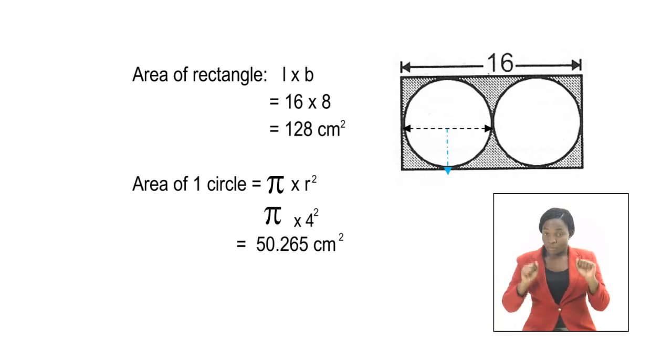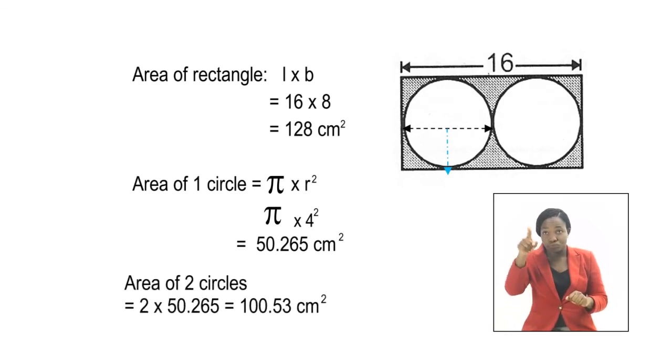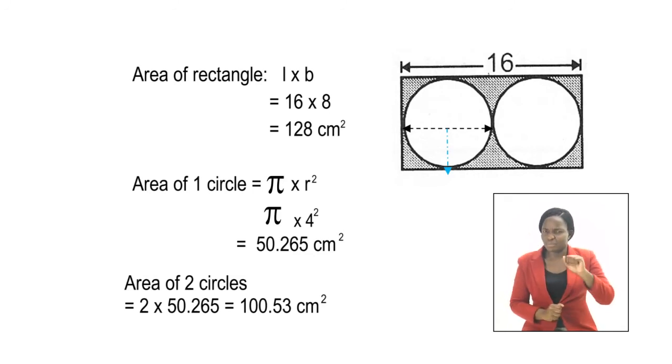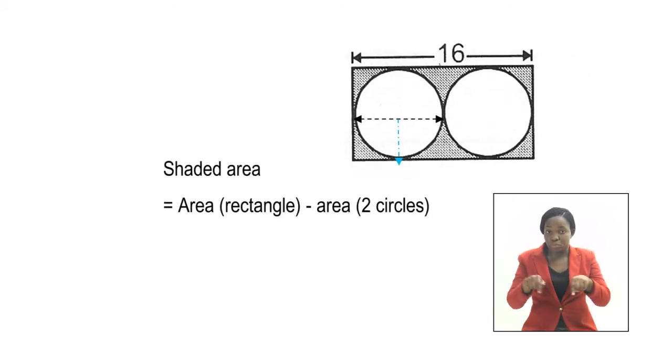Yes, but there are 2 circles, remember, so we have to multiply the area of the circle by 2. That's fine. The area of 2 circles combined will then be 50.265 times 2, which gives us 100.53 centimeters squared. And only now do we do the subtraction of the white shapes from the area of the rectangle to find the shaded area.